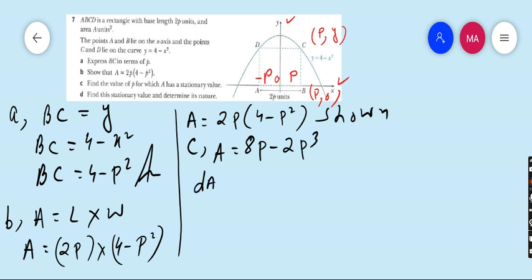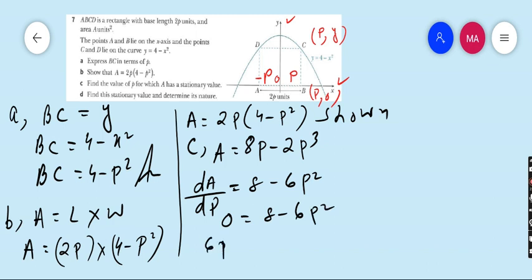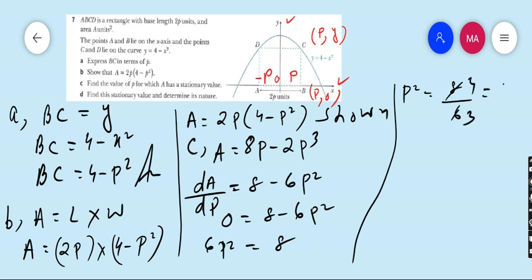Now find dA by dP. 8 minus 2 3s are 6p square. Replace dA by dP with 0. 8 minus 6p square equals 0, then 6p square is equal to 8. Then p square is equal to 8 upon 6. 2 4s are 8, 2 3s are 6, so 4 upon 3.